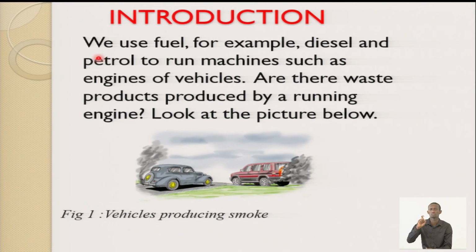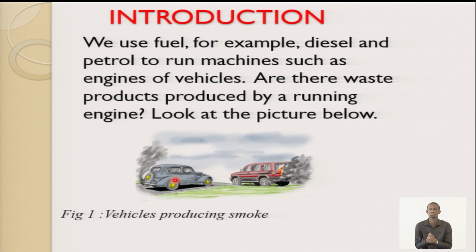We use fuels, for example diesel and petrol, to run machines such as engines of vehicles. Look at these diagrams: these running engines normally release waste products from their exhaust pipes.